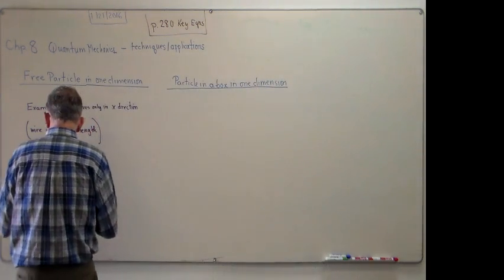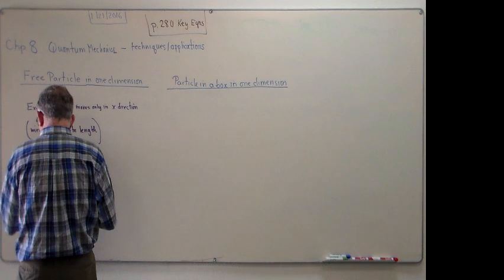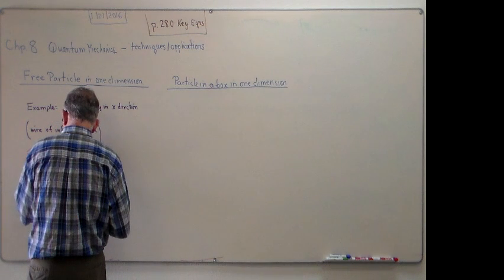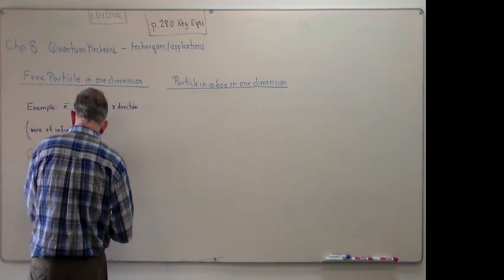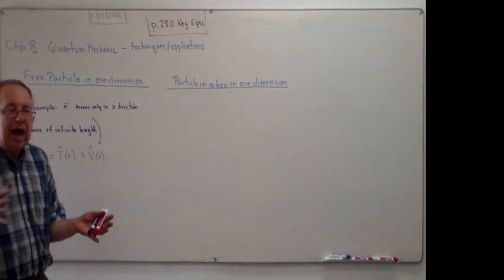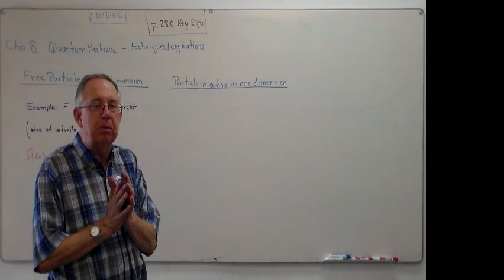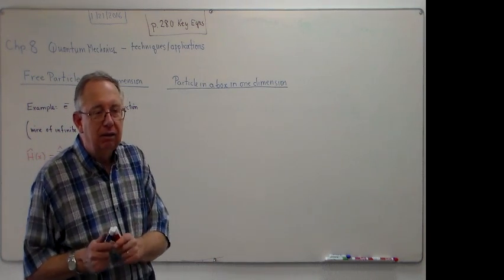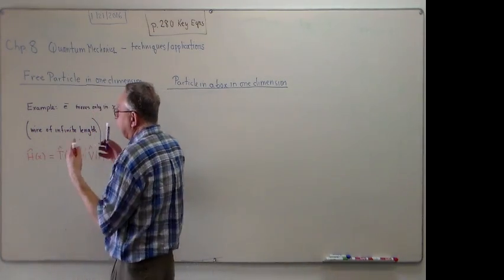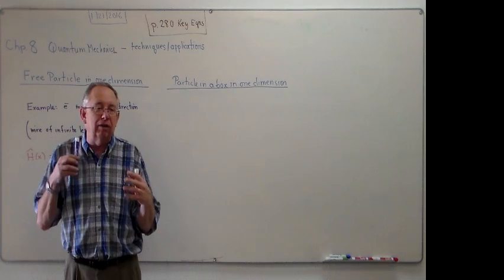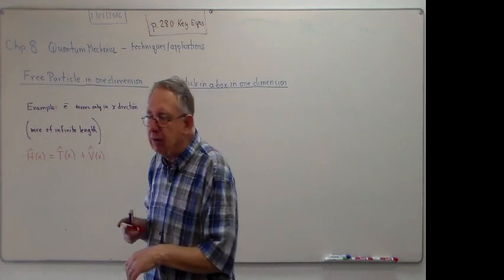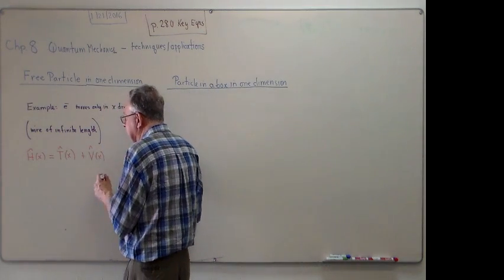The Hamiltonian operator, H of x, for this system is the combination of the kinetic energy operator, T of x, plus V of x, the potential energy operator. What do the hats indicate? Let's make sure we remember that. The hats indicate an operator. Exactly. Now, if this electron is freely moving in one direction, there are no magnetic fields, no electric fields, and the electron doesn't feel the nuclei of all the metal atoms in the wire.